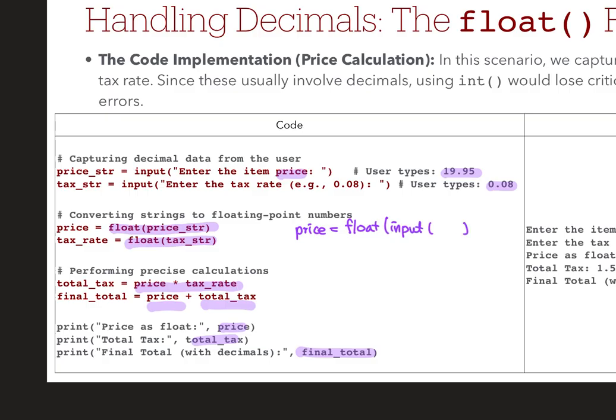So if you provide the prompt here for the input, then the user will type something like 19.95, and that will be saved into the string by this inner function. But this outer float function will convert that text string into a float number. By doing this, I don't have to introduce this variable price string.